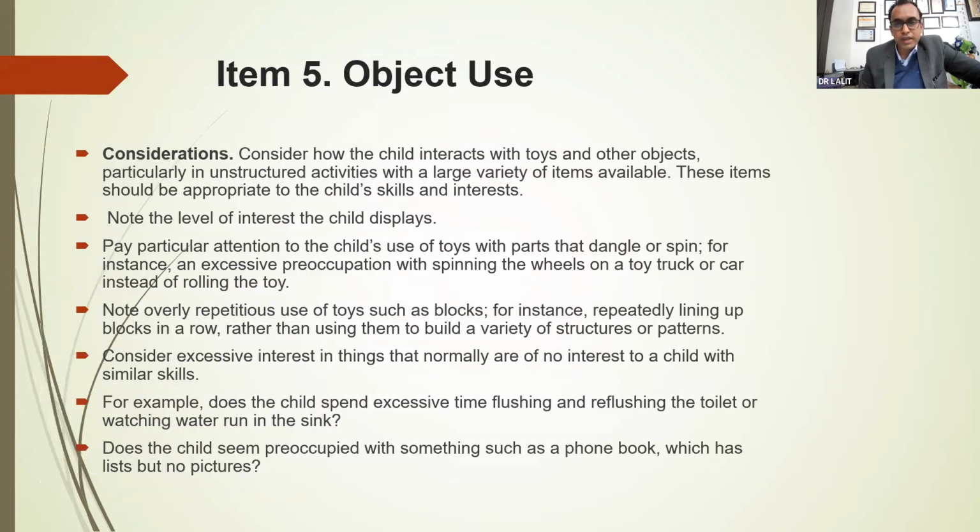So object use. When we go for object use, we have to consider how the child plays with the object. For example, does he play only with the wheels of the cars, or does he know the functionality of the car? Is he playing with the ball?